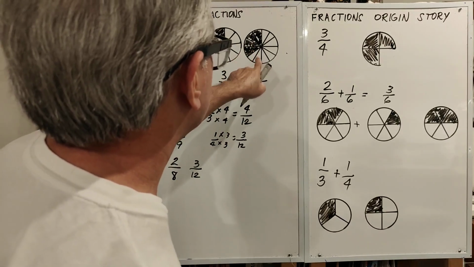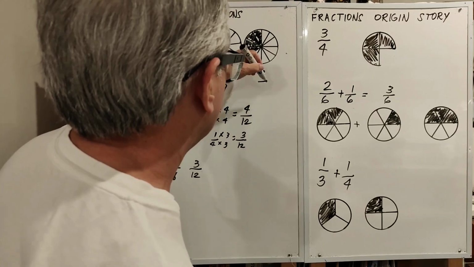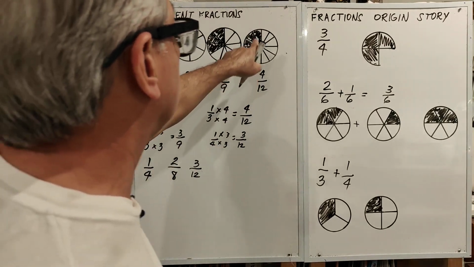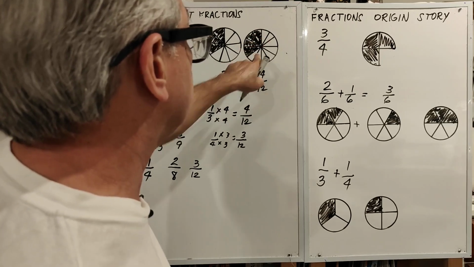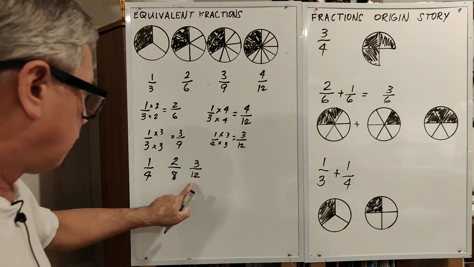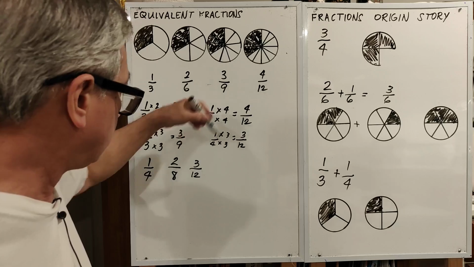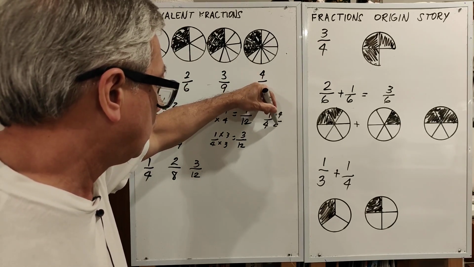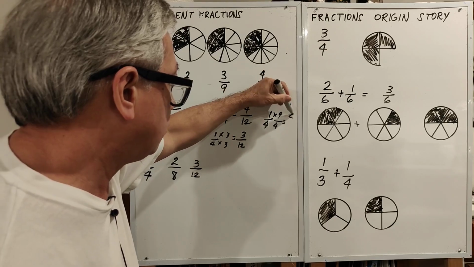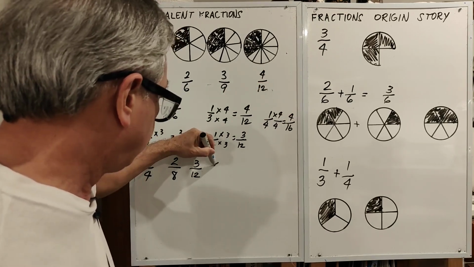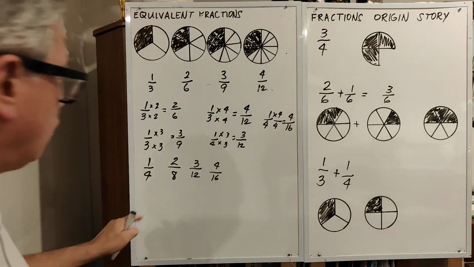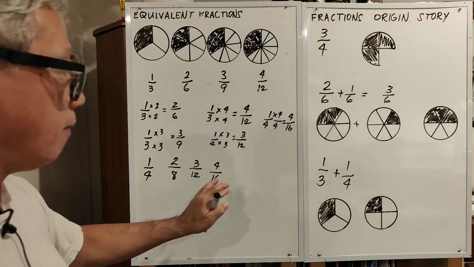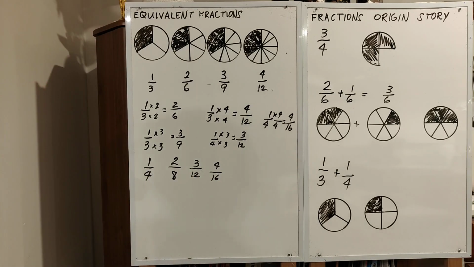Sorry, this is 12. So 3/12, 4/12 would be 12 divisions. Now, if we multiply 1/4 by 4, so 4/16. So 1/4 can be 2/8, 3/12, and 4/16. They have the same value.